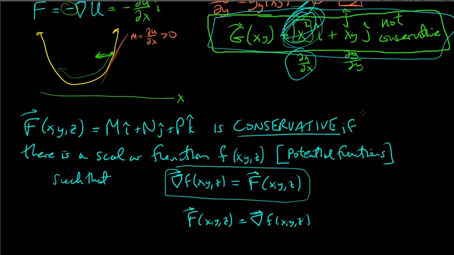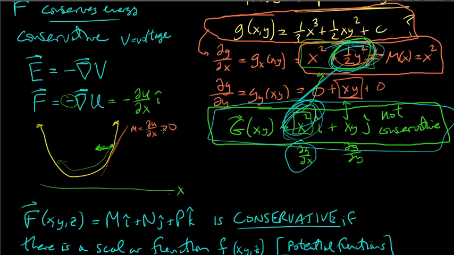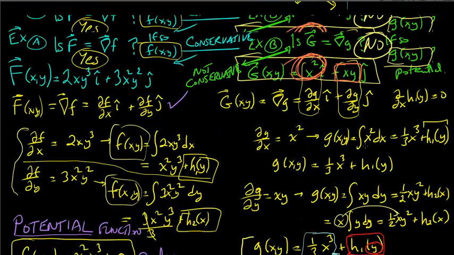So for that reason, G was not conservative here, right? So yeah, some vector fields are conservative and then some aren't. Which ones are conservative? Well, if you can find a potential function, if you can find this little f here, then you know it's conservative. If you cannot find the little f, then we know it's not conservative.